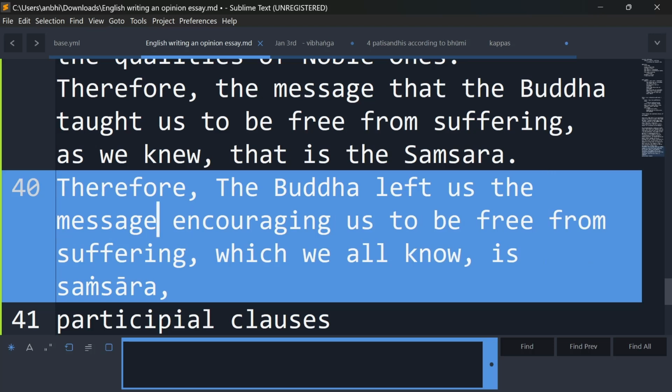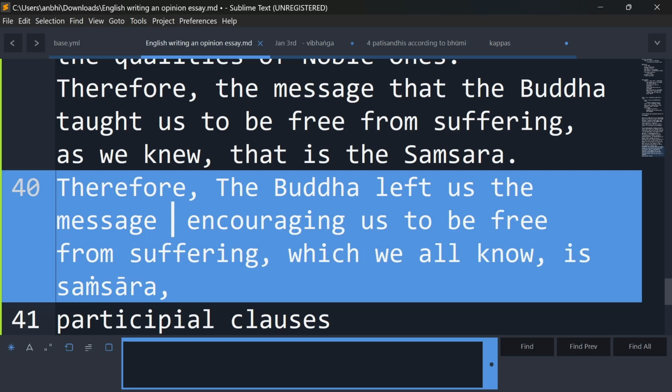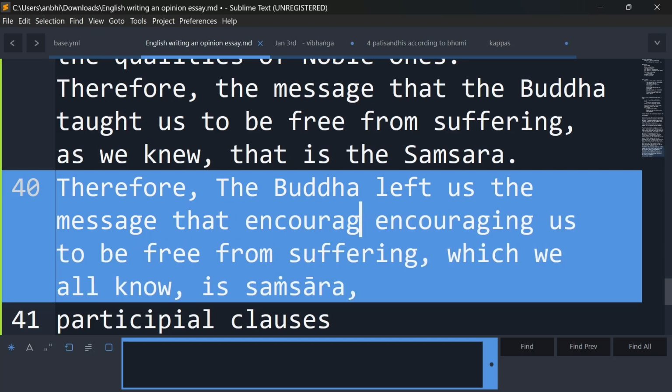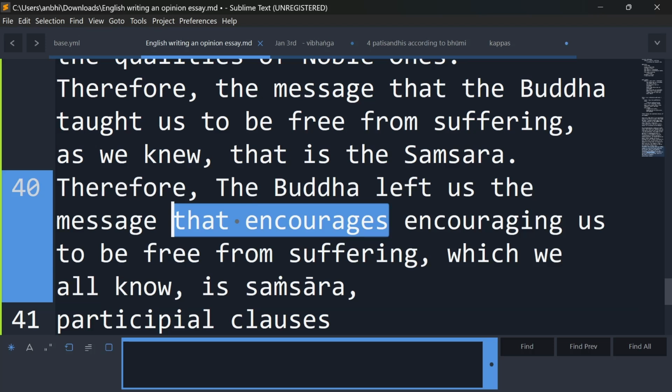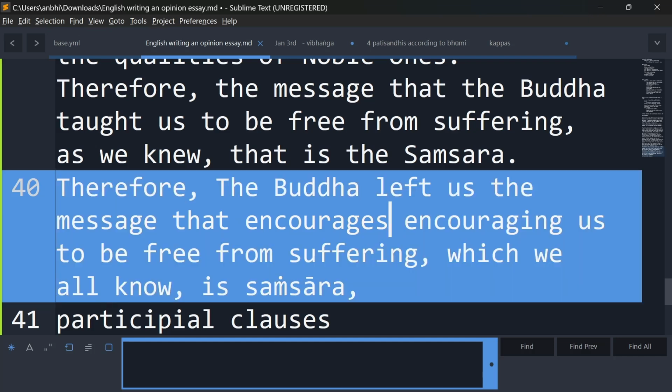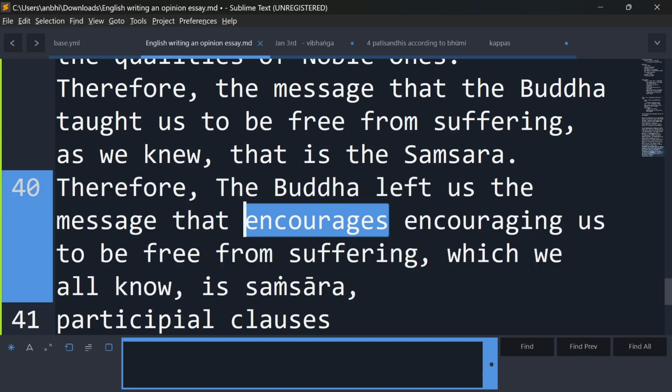Then I would put a comma. But I'm talking about the message. It's like this, the message that encourages. Okay, look at this. The message that encourages. I'm talking about the message, you see? What encourages, now as a verb? What encourages? The message.